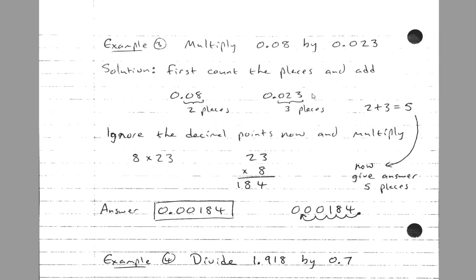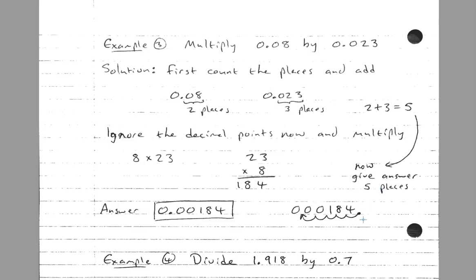Then pretend these are whole numbers. So 8 times 23, that's 184. So you can write it as a whole number. It's 184 with the decimal point here. And then give it 5 places.